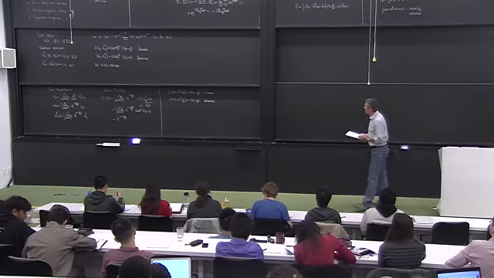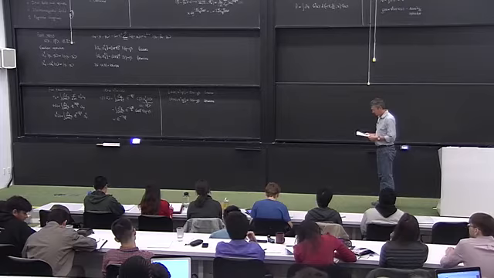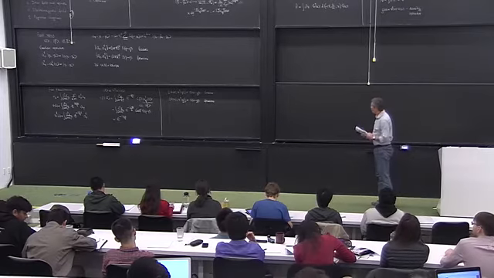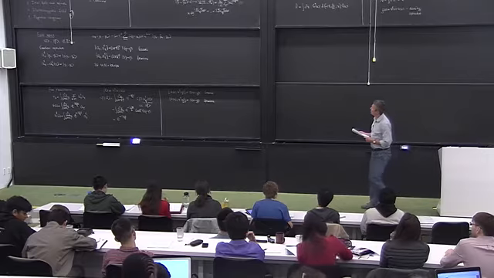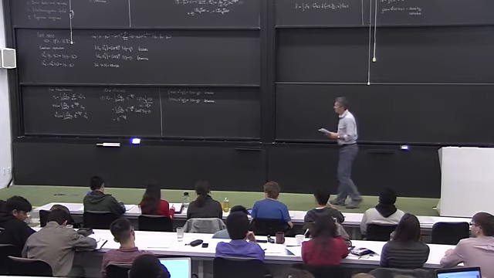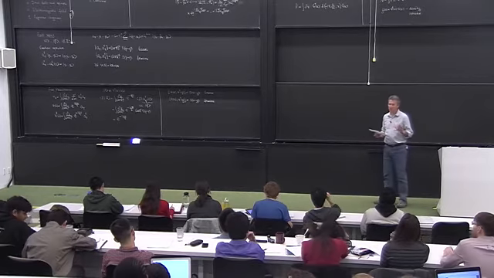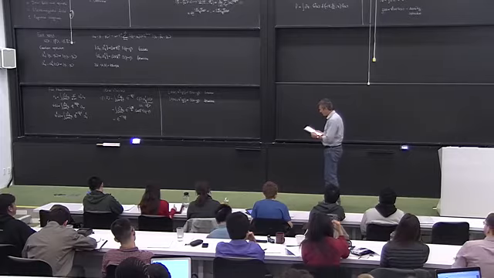How do we write the second quantized version of this? We already know how to write the second quantized version of the kinetic energy. For the potential energy, we can just make a guess and then check that it's correct.